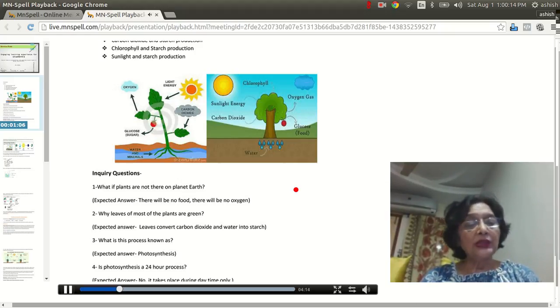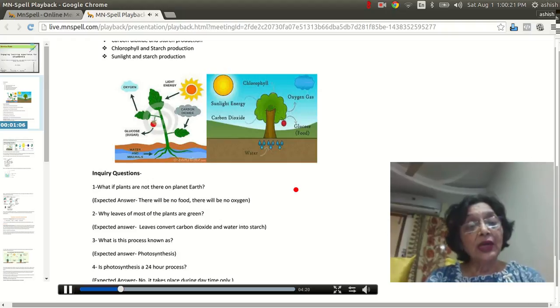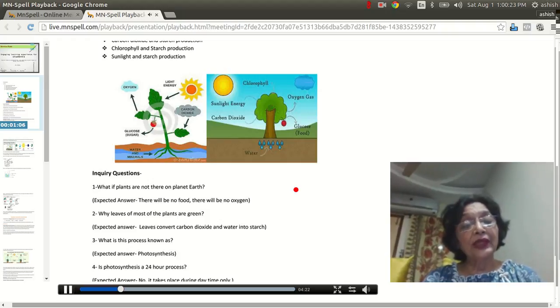What if plants are not there on planet Earth? Just now I told you that as a result of photosynthesis, oxygen is given out, carbon dioxide is used up. I think these two things are enough to explain what if plants are not there on planet Earth.